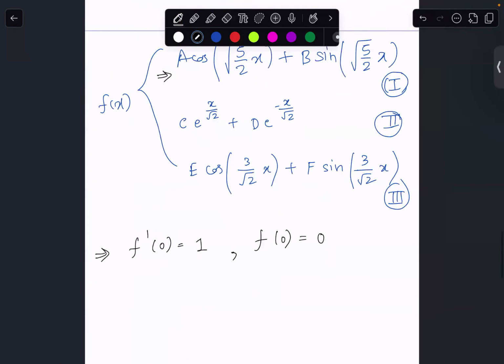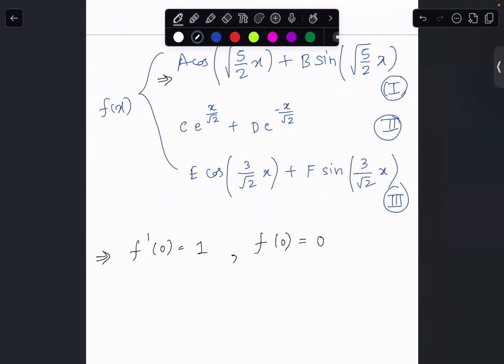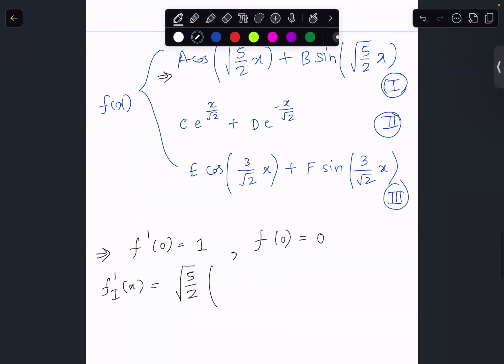So in that case, our f prime in region 1 of x equals square root of 5 by 2 times a sine of square root of 5 upon 2 x minus b cos of square root of 5 upon 2 x.